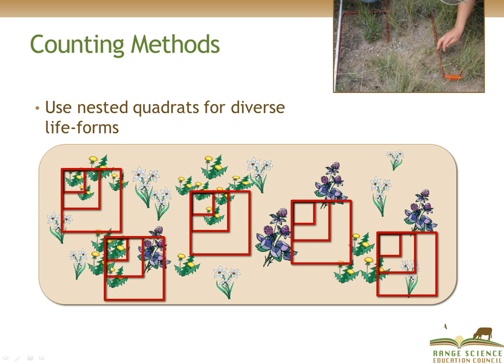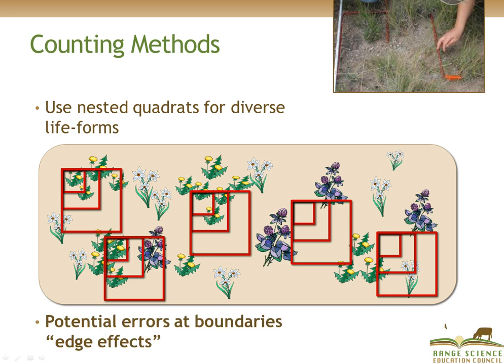And this is used when we want to estimate density. We measure density in these different quadrats simultaneously. One of the disadvantages of quadrat or plot-based methods, or counting methods, is that there's the potential to have errors occur at the boundaries, and this is called edge effects.